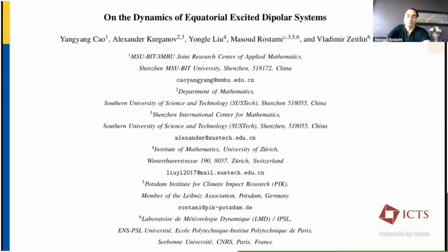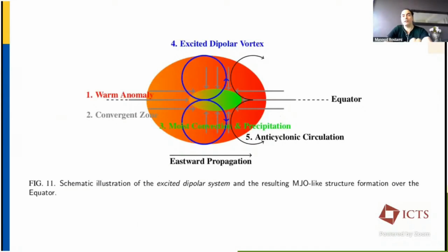And once we developed this system, we went to the dynamics of excitable systems. We called it equatorial excited dipolar systems. The advantage is that this scheme shows the excited dipolar vorticity. Once we have a moist convection in the equatorial region, the system will be excited. And after excitation, we have a dipolar system, which is two poles of high vorticity that you see in blue circles.